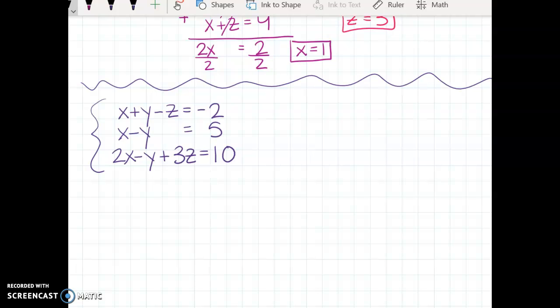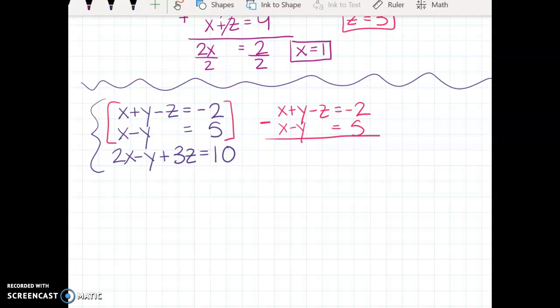So first I'll combine 2 equations to eliminate a variable. So let's combine the top 2. X plus y minus z equals negative 2. X minus y equals 5. You can add or subtract. Let's subtract. X minus x is 0.